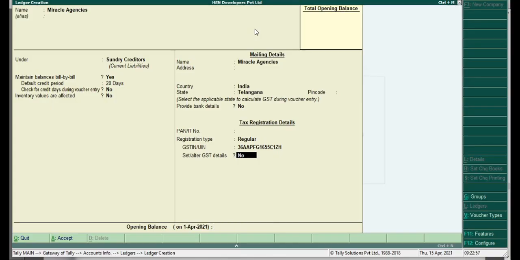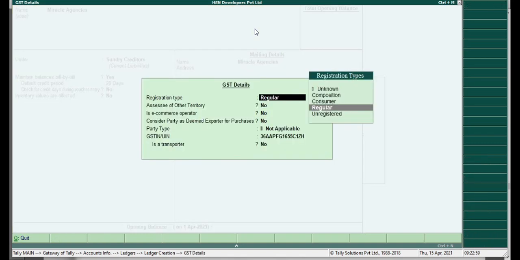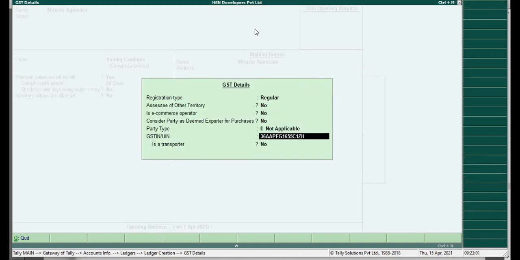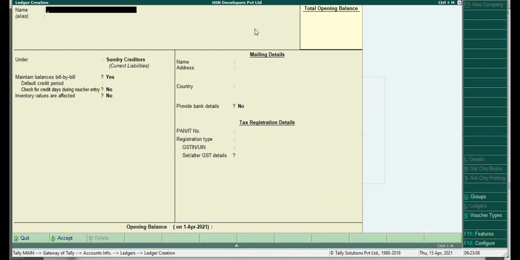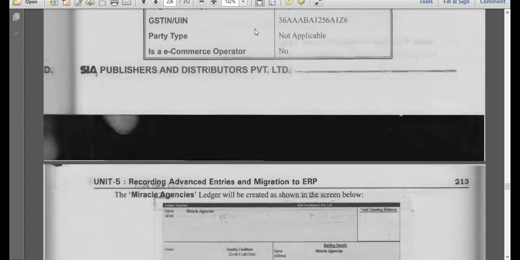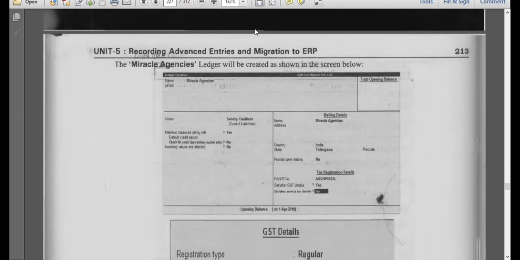Set or alter details, yes, regular, all the details are here. Miracle Agencies ledger is done.